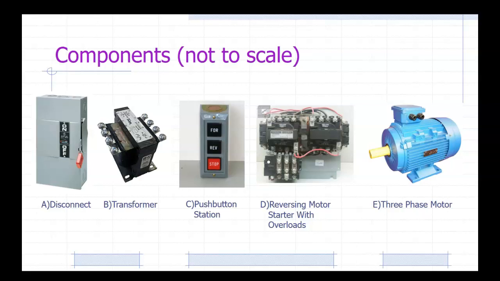You have your transformer, your forward, reverse, and stop switches, your motor starter with your overloads, as well as your motor. And yes, I could somehow draw your point-to-point connections, but it's not going to be as easy as if you had the wiring diagram in front of you.